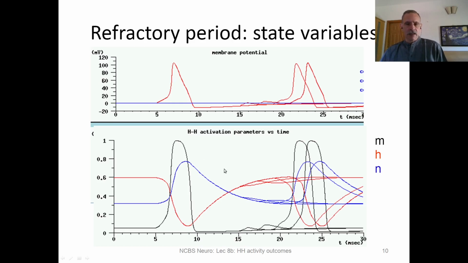The interesting stuff is happening with our friend the H gate, which is in red over here. So the first thing to note is that H starts out at a fairly high but not anywhere near 1. It's at 0.6. If it were just the H gate present, then 60% of the channel would be available to open. Now, of course, it's not just the H gate.